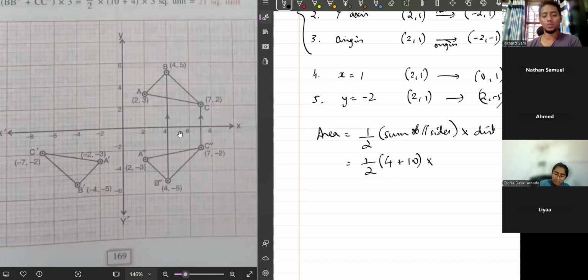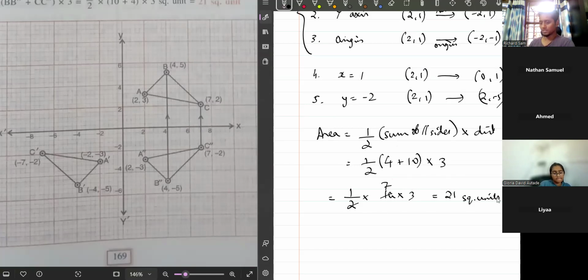Multiplied by the distance between these two. So to measure the distance, we need to see the x-axis values. Here, what is the x-coordinate? 4. Here, what's the x-coordinate? 7. So 4 to 7 is how many? 3. Okay. So like that, you can put the values and solve it. So 1 by 2 into 14 into 3. 7 into 3, that is 21 square units.